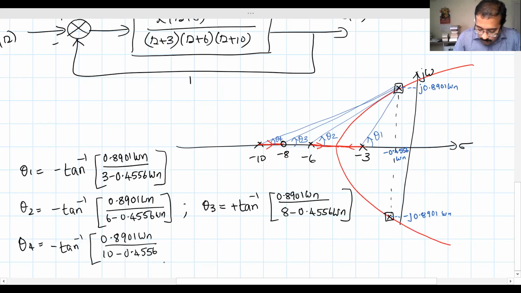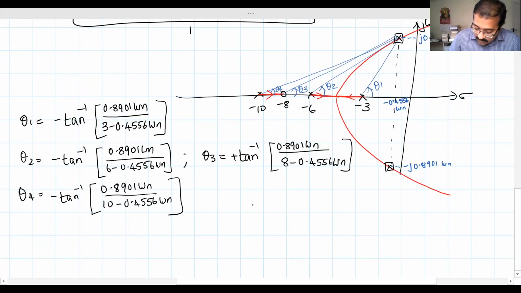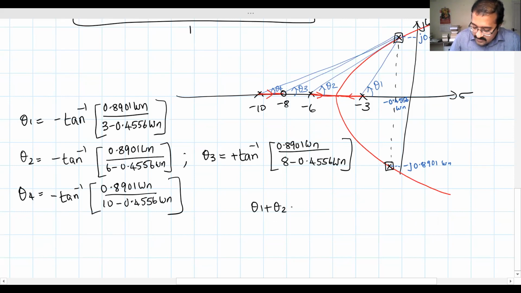Now what's the condition? The condition is that the net angle has to be equal to plus or minus 180. Theta 1 plus theta 2 plus theta 3 plus theta 4 must be equal to plus or minus 180 degrees. So you have to add all these things.